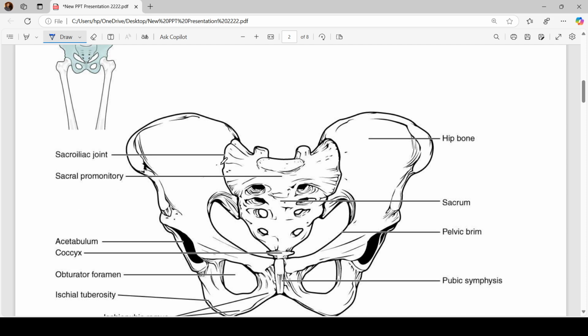This joint is known as the sacroiliac joint. What is the sacroiliac joint? It connects the sacrum and the ilium. This bone is the ilium, and this bone is the sacrum. They are connected together, so this joint is known as the sacroiliac joint.